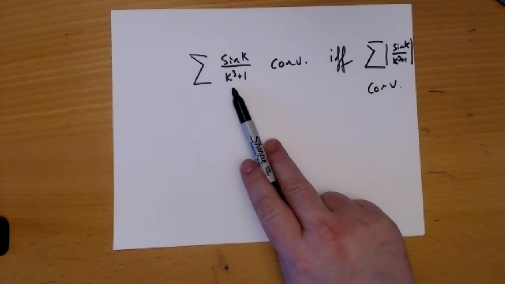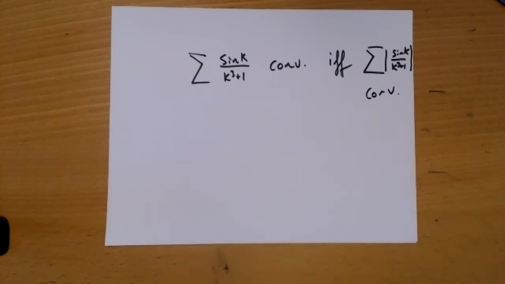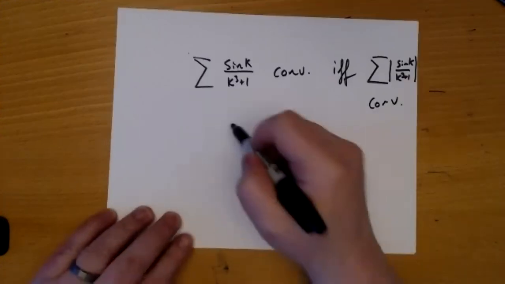So is this absolutely convergent or conditionally convergent? Look at your definition. The vocabulary is a killer. Absolutely convergent. Yes, this is absolutely convergent.